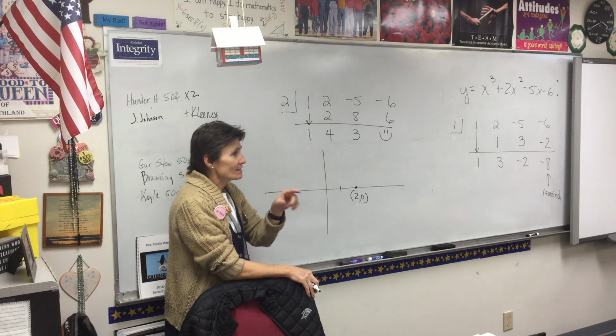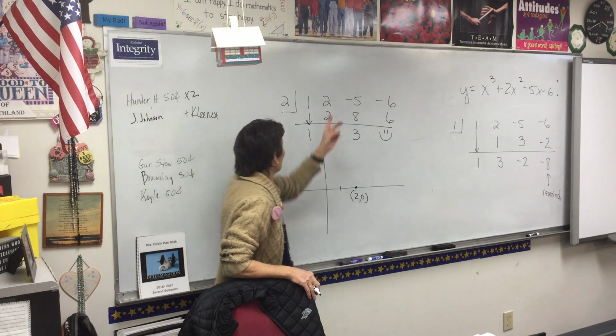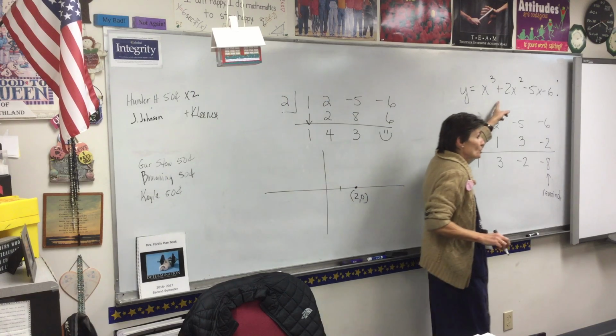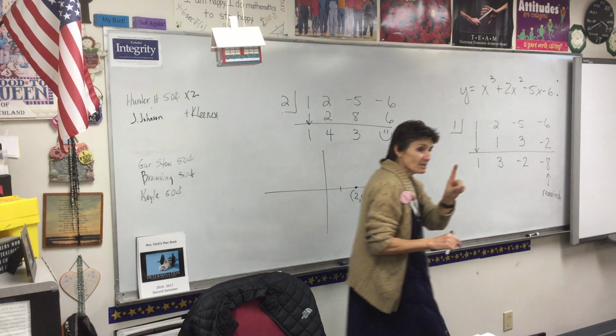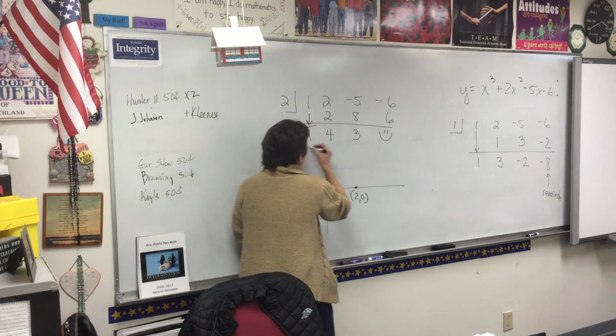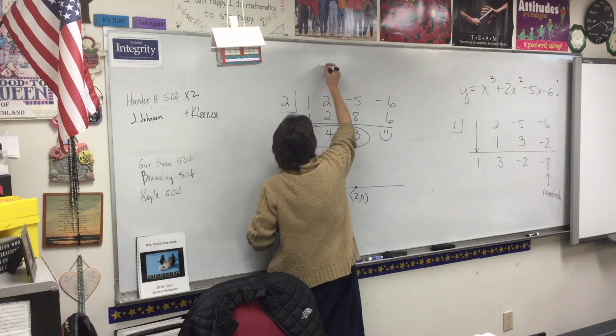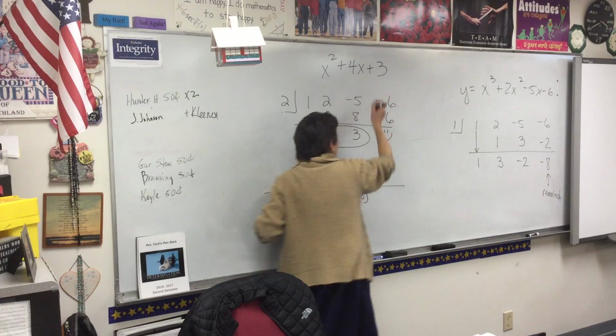Now, Jalen says, wait a minute, Mrs. Ford, there's got to be 2 more out there, right? Because this is an x cubed, so there should be 3 dots. All you need to do now is recognize that this is x squared plus 4x plus 3.